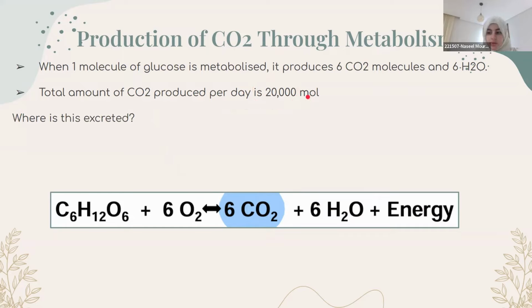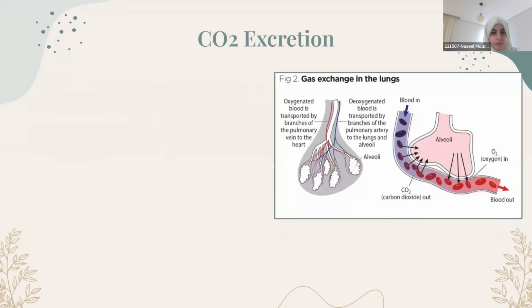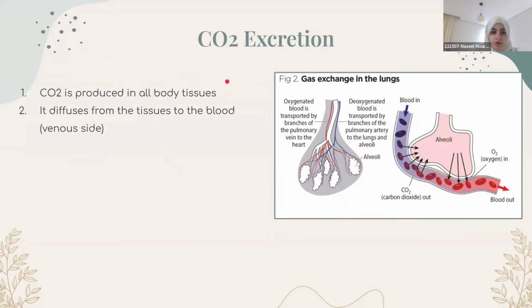Now, where is this excreted? I asked you guys this question before, and you said through the lungs. Now let's talk more about that excretion. Carbon dioxide is produced in all body tissues, and it diffuses out from the tissues of the body to the blood. This basically happens in the veins, so the carbon dioxide is pushed out of the tissue into the venous blood.